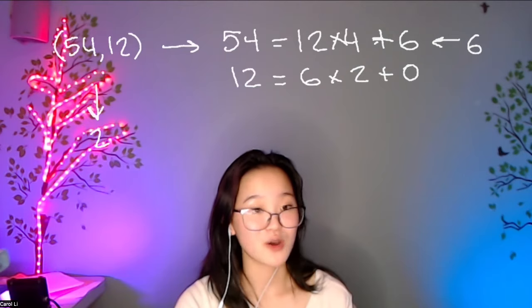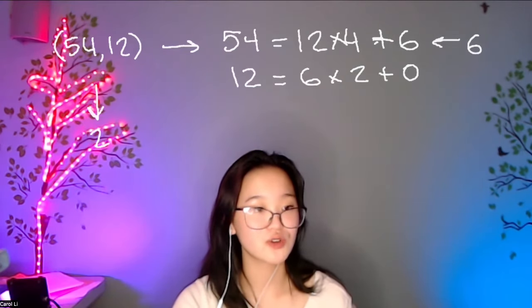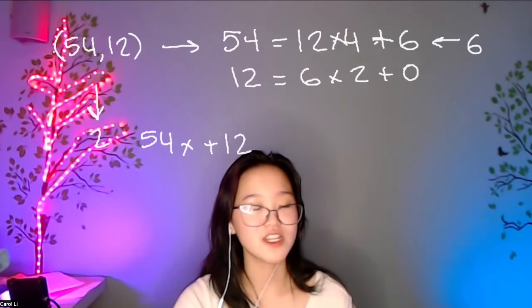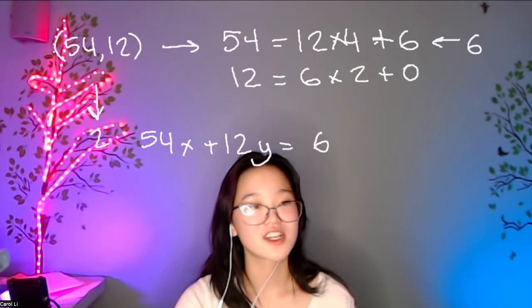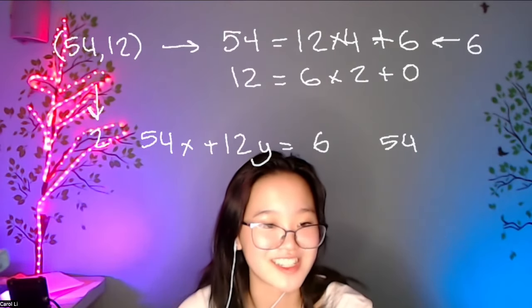Basically, we're trying to figure out when 54x plus 12y is ever going to equal the greatest common divisor, which happens to be 6. This example is really short, so let me give you a different one. My bad. Let's do 54 and 8.